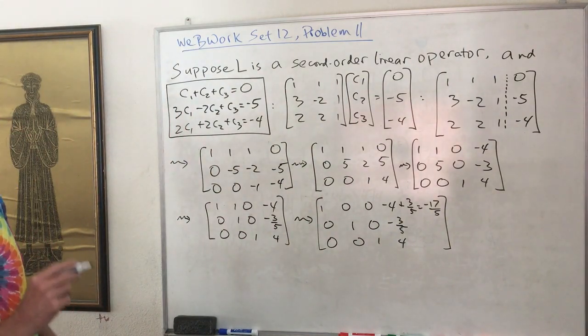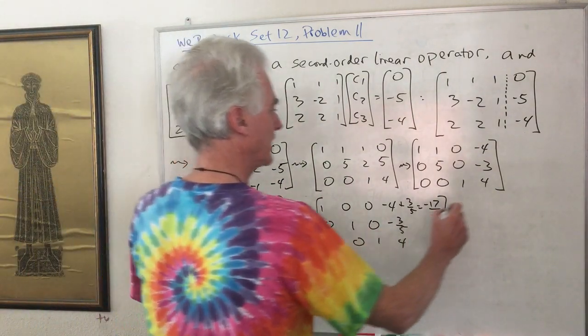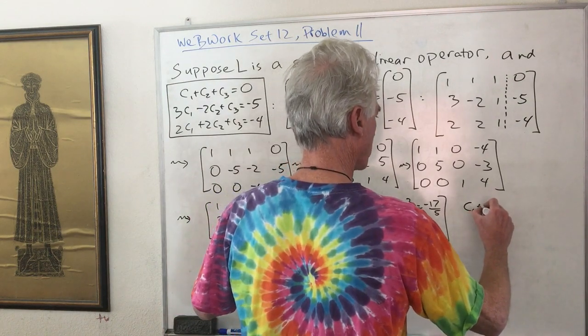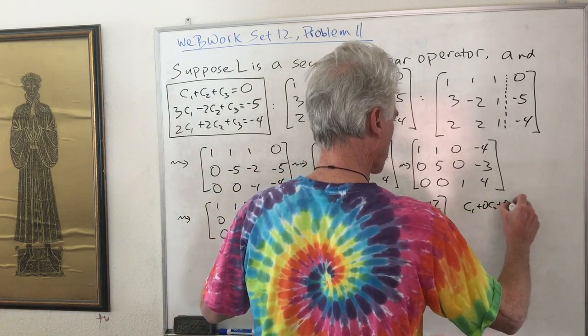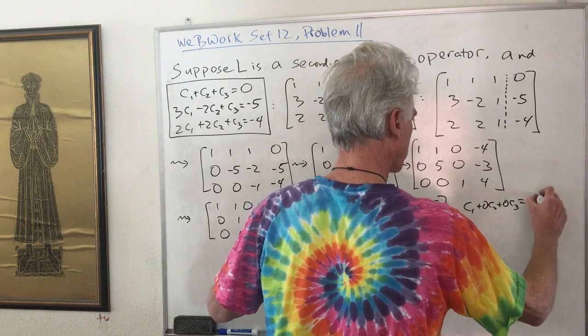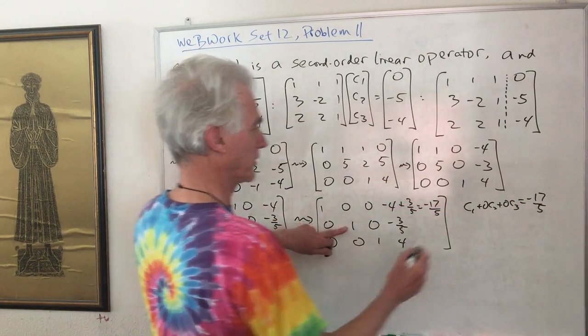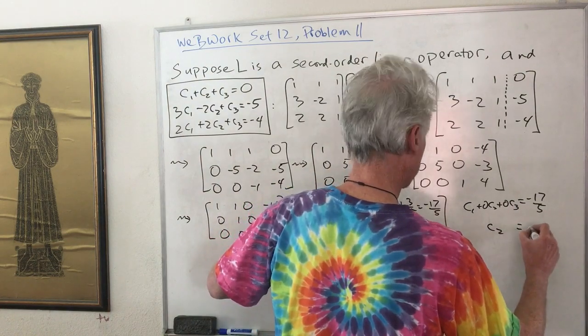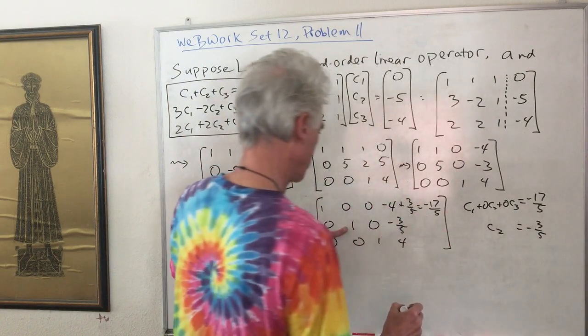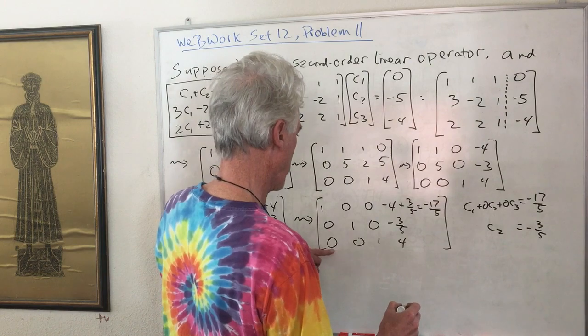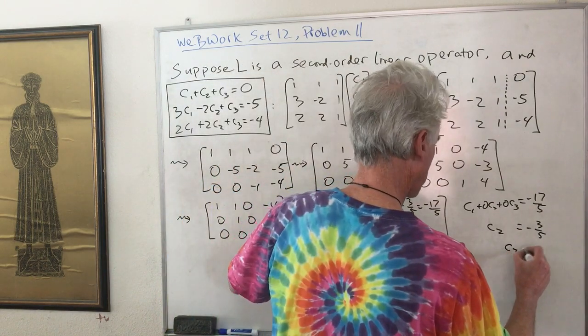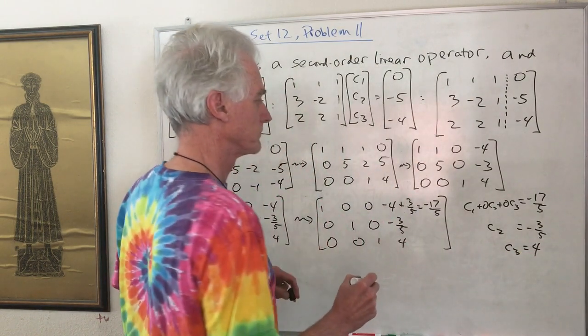All right, so that means the system is really C1 plus 0 C2 plus 0 C3 is -17/5, and then I have a 0, which I won't write, plus C2 is -3/5, and I have C3 is 4.